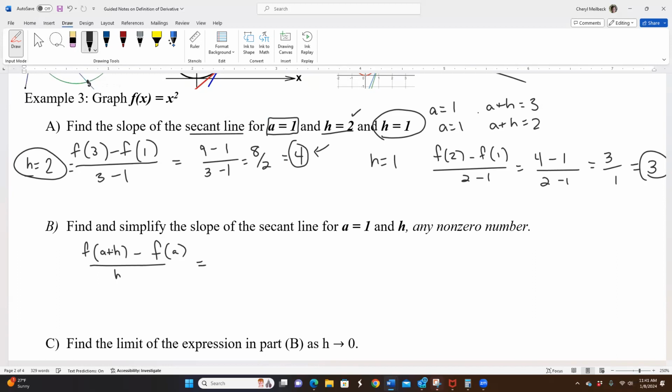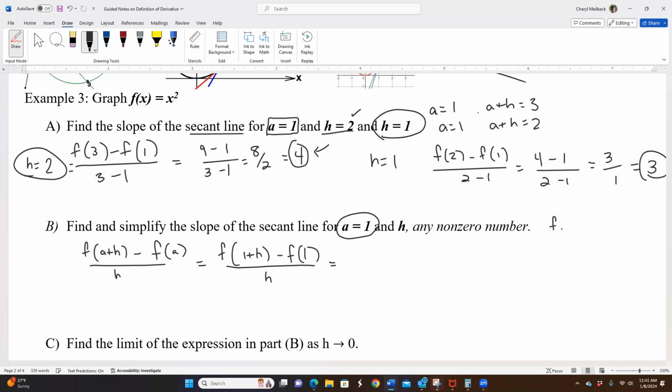So a plus h, in this case, our a is 1. So we're going to write f of 1 plus h minus f of 1 over just the h. But f of 1 plus h, we have to plug this into our function.